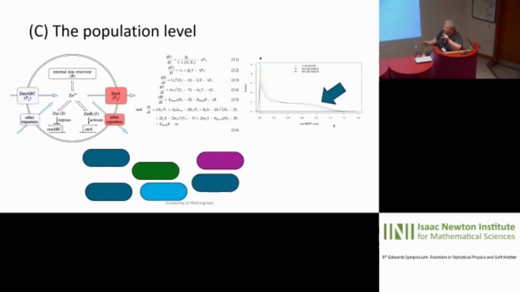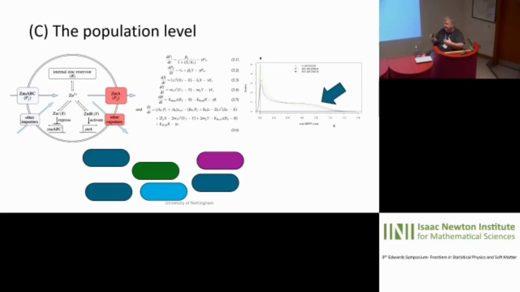And this is a strategy called bet hedging. So the system is essentially hedging its bets against an unknown future, where some of the population have overexpressed proteins on the outside, and therefore are able to cope with the challenge, and some do not.